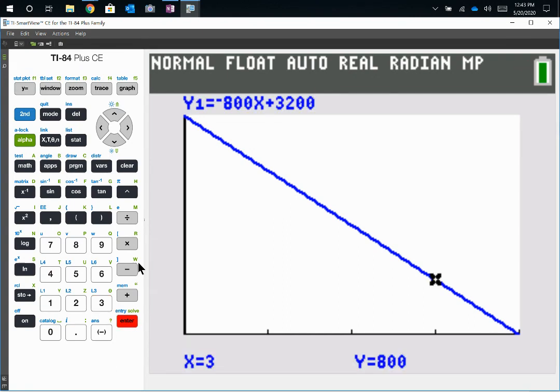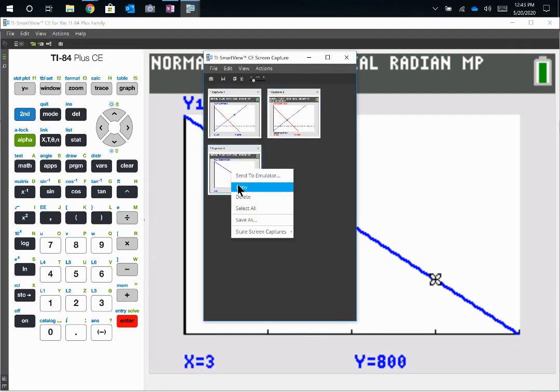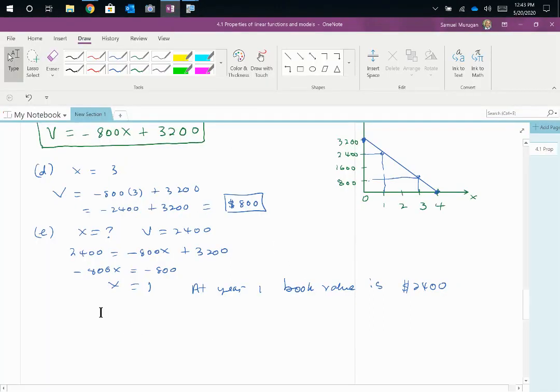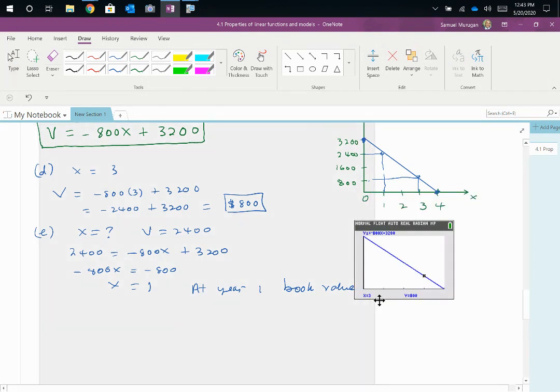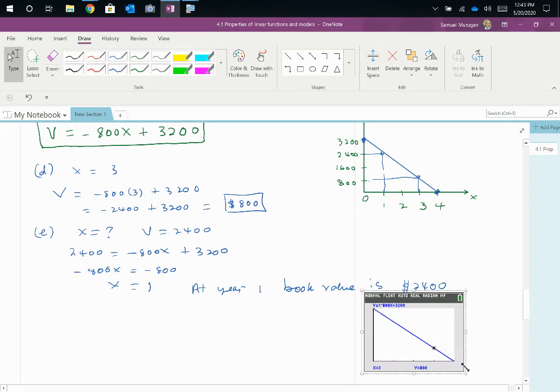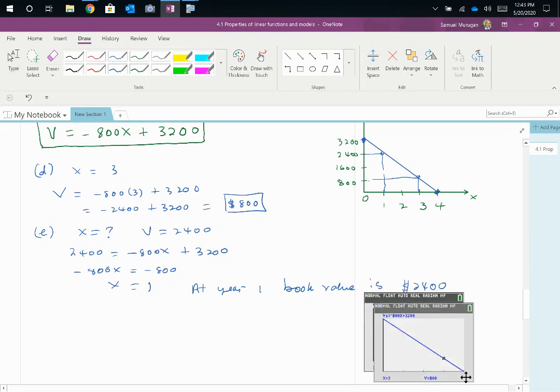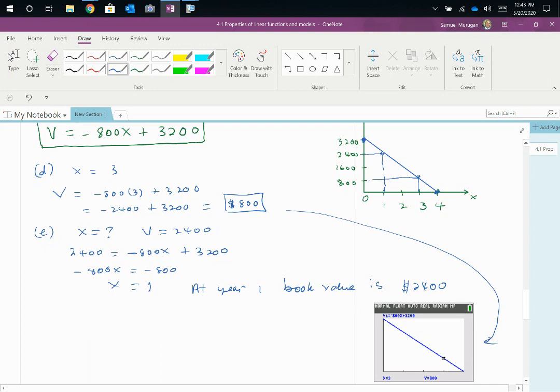We can see the value is $800 here. I'm going to put that little graph in here so you can have it and check on your answer. And this kind of shows the 800 for that problem, if you wanted the graph.